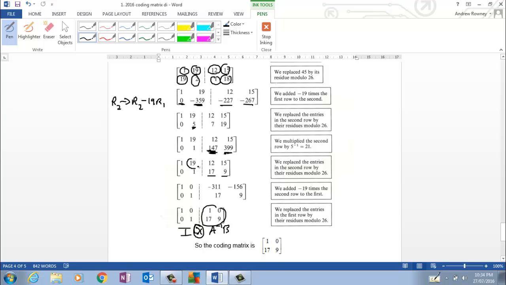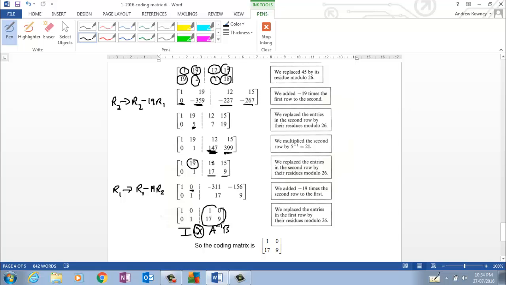Now we want to get the 19 to be 0. To do that, we do row 1 becomes row 1 subtract 19 times row 2. If you do that, you'll get 0 for that one.